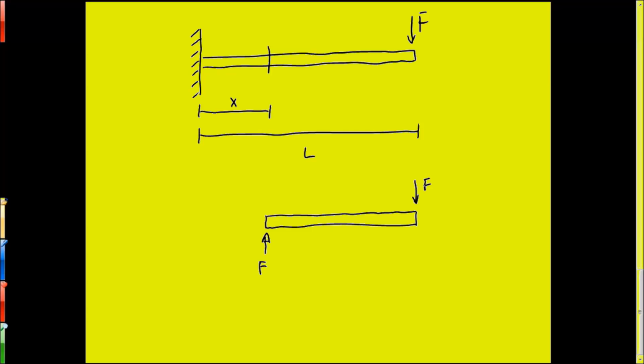Now there's also a moment created in the beam, because we have to be able to resist the tendency for this beam to turn if we just applied these forces. And I've drawn the moment using a convention that we use, which is that on a leftward facing face, we draw the moment in what would normally be considered the negative direction.